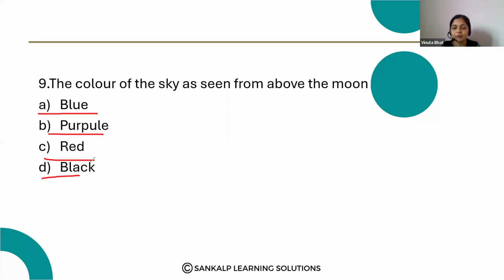Option D, black, is the correct answer, because due to the absence of atmosphere, the scattering of light is not possible. So the sky from the moon looks dark, or black. But from the earth, it looks blue because of the scattering of light.